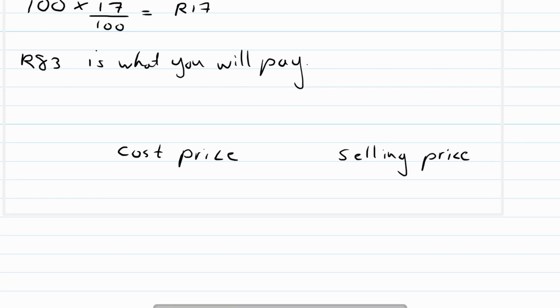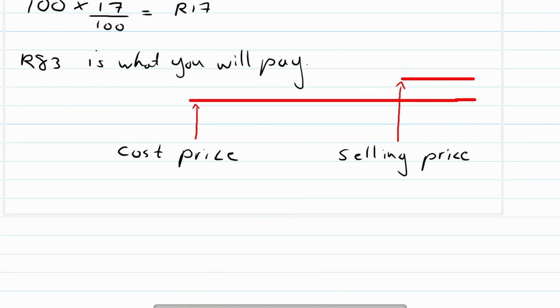What that means is you want your selling price to be higher than your cost price. And the difference between these two will be known as your profit. So very important, if your selling price is higher than your cost price, the difference is profit.